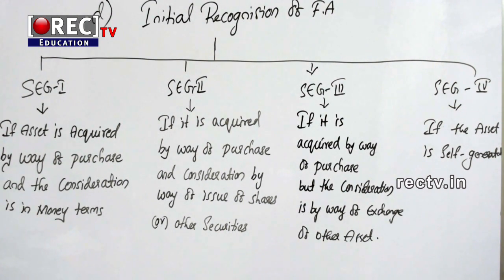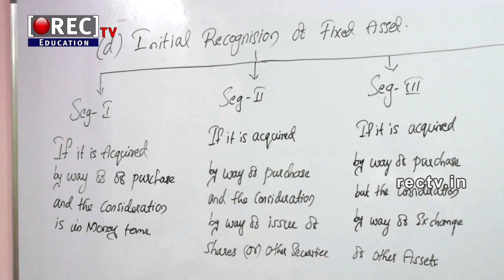Segment 1. If the asset is acquired by way of money consideration, then no doubt the money consideration is taken as the value of asset. All the expenditure incurred up to the point of the asset getting ready for its intended use can be capitalized with the asset value.